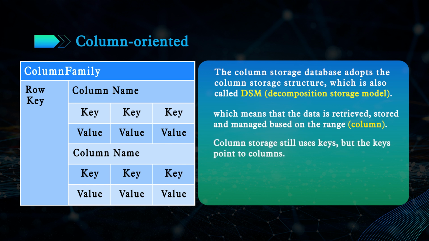Column storage still uses keys, but the keys point to columns. The column storage database supports high compression ratios. The query on data fields under large-scale data is very efficient, but it is not suitable for real-time deletion or updating of entire records and does not support data table join operations.